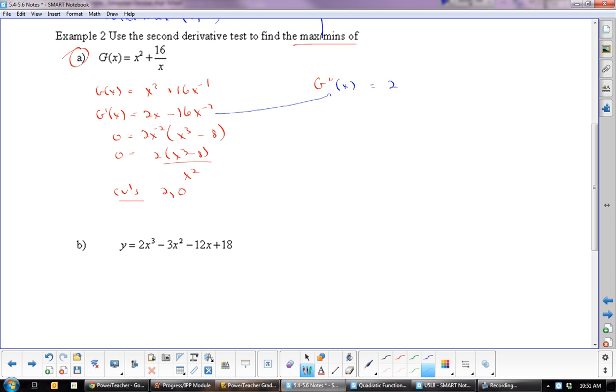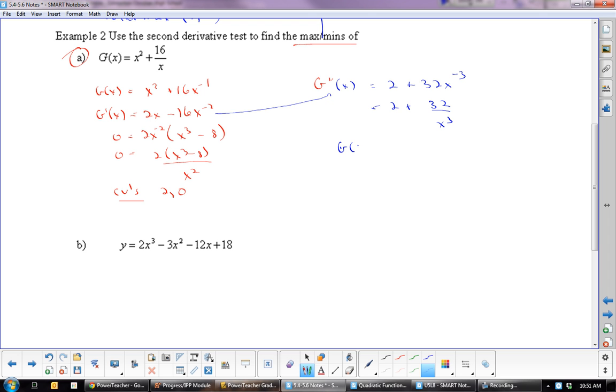That'd be 2 plus 32x to the negative 3, or 2 plus 32 over x cubed. Now you want to plug 2 in there.